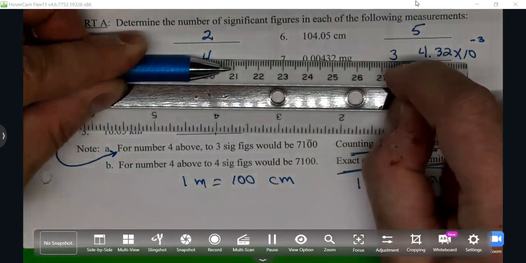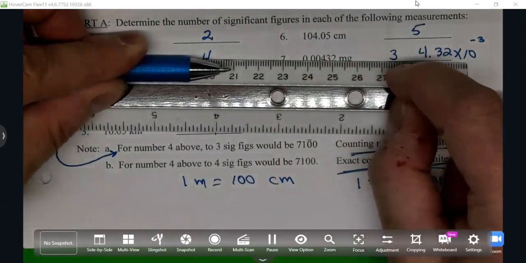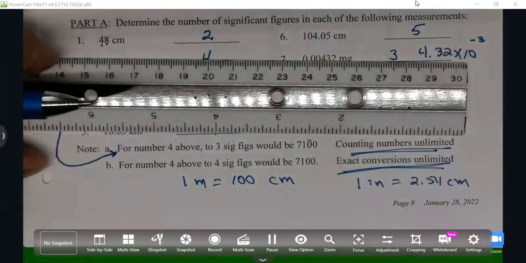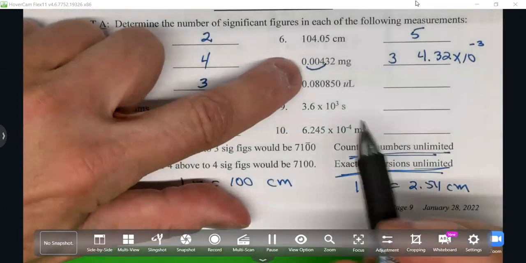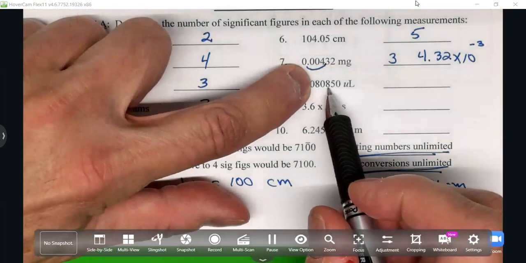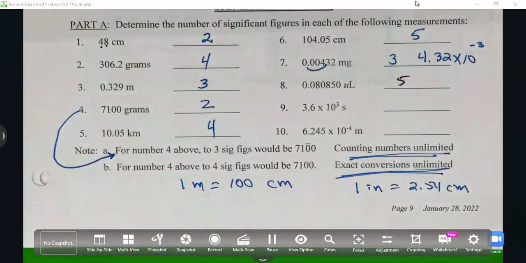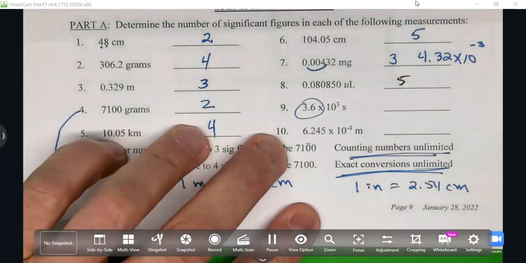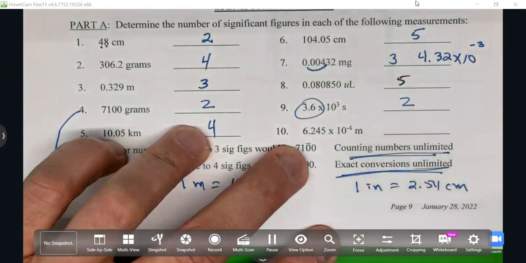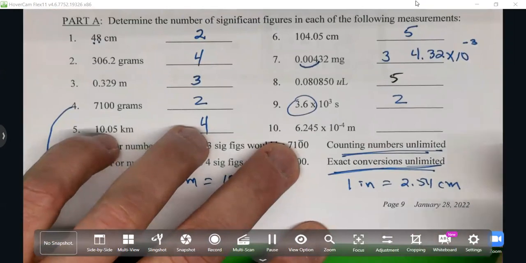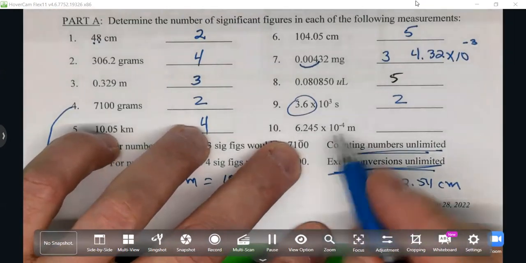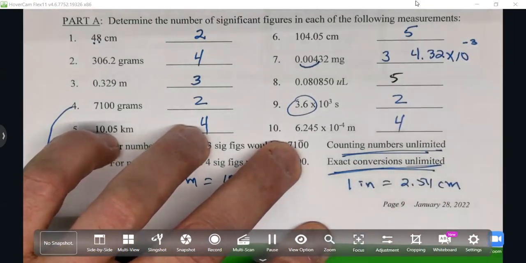If it's spot on the 21, it would be 21.00. So you would write the zeros down, they mean something. So this is 1, 2, 3, 4, 5. If you have it in scientific notation, you only write down the numbers that matter. So this is 2 and 4.